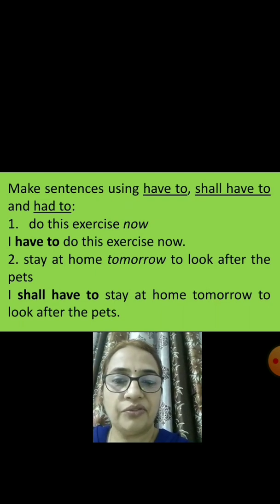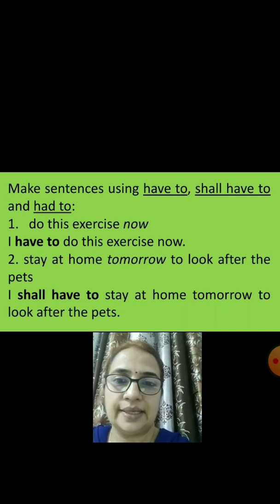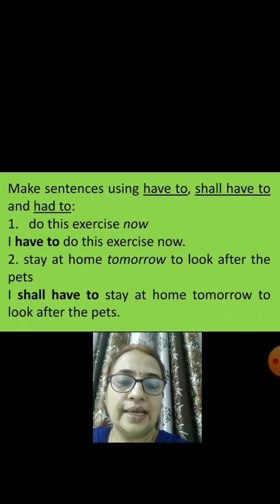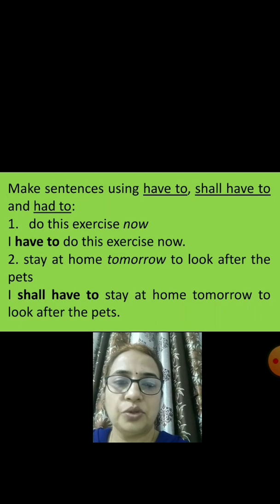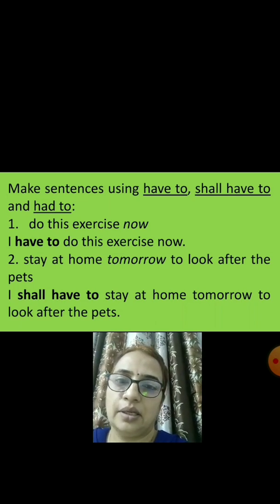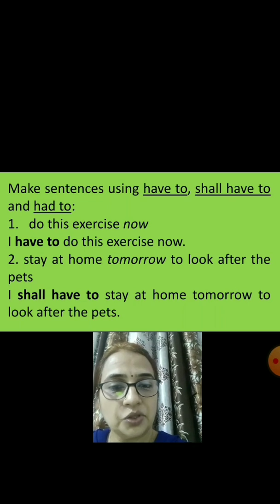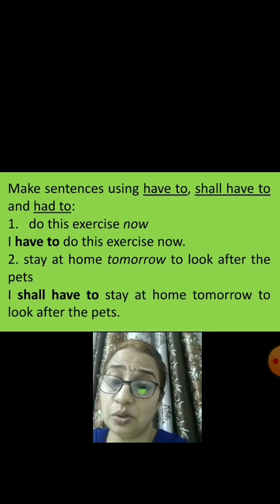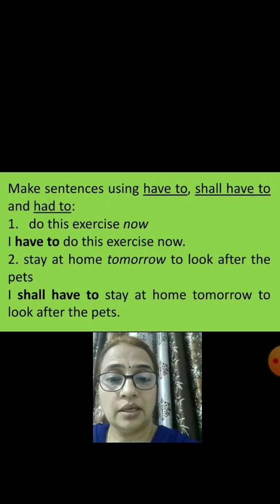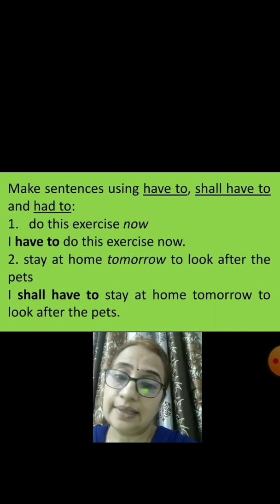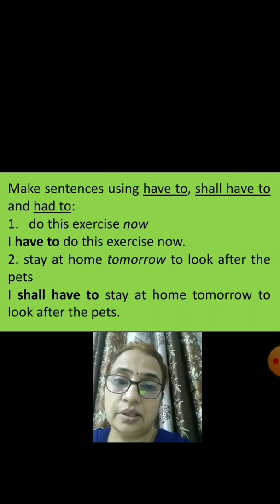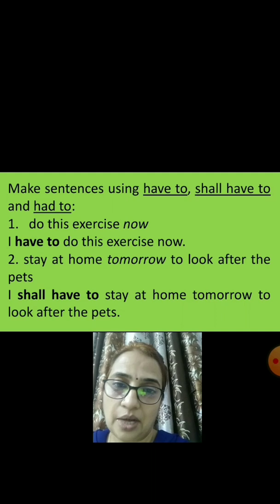Let's learn more with the second example. Stay at home tomorrow to look after the pets. Now, which word is written in italics? Tomorrow. So, which tense? Past tense, present tense or future tense? Future, tomorrow.